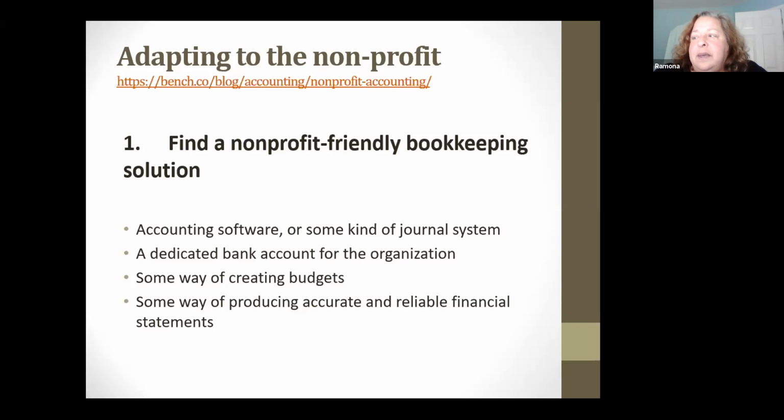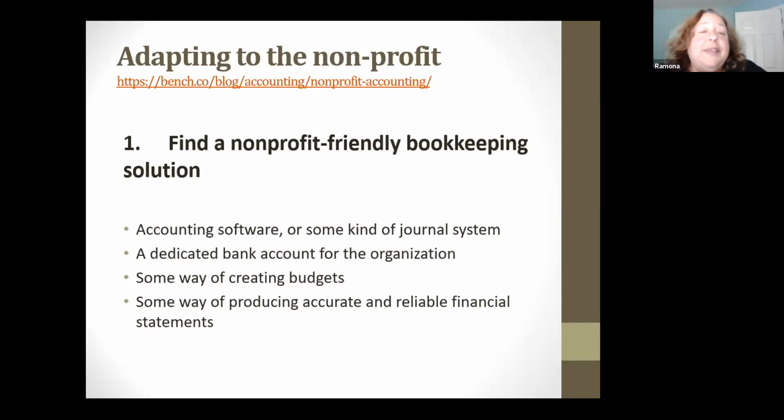Basically, I would term this more of, you're starting a nonprofit. What are the things that you would want to look for in a well-managed financial department?